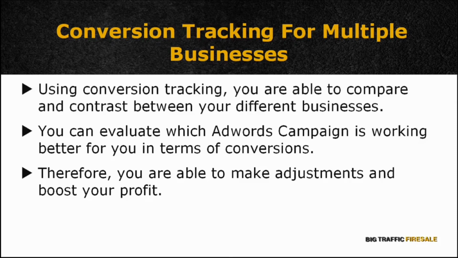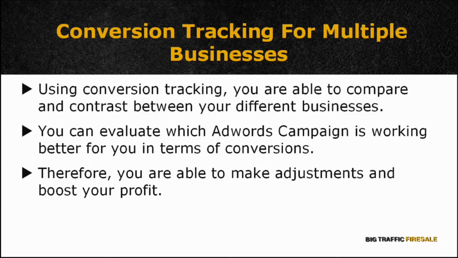The example illustrated above shows how you can easily optimize your business with the help of conversion tracking. How about if you have multiple businesses to take care of? Well, it surely can come in handy too. By using conversion tracking, you can compare and contrast between the two businesses and see which AdWords campaign is working better for you in terms of conversions.